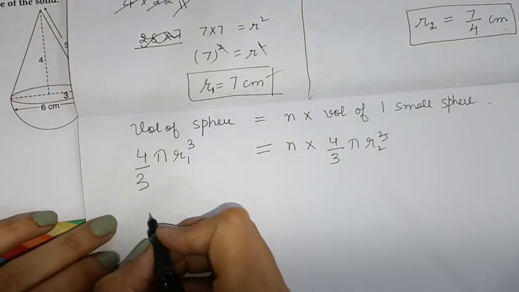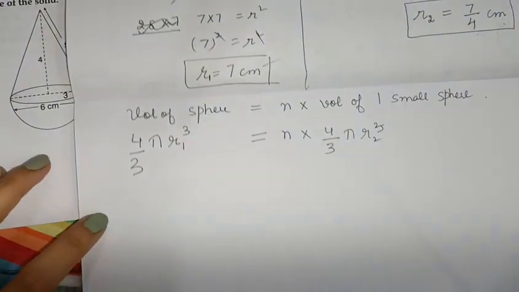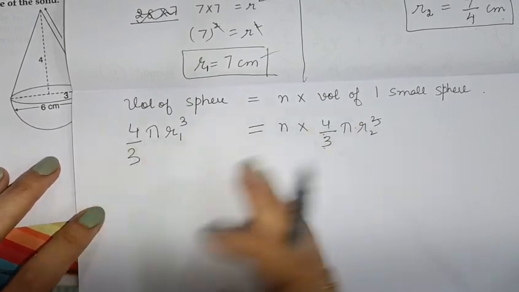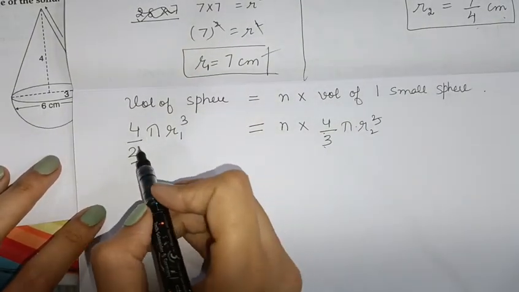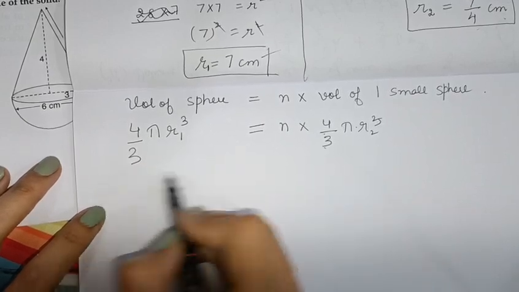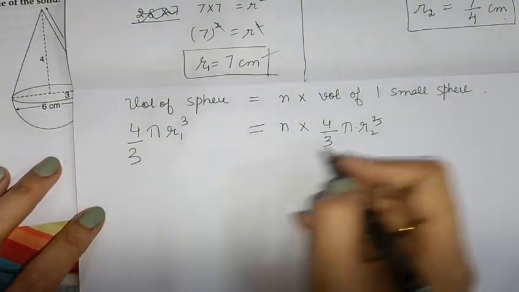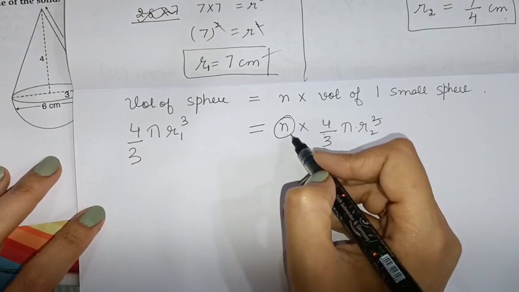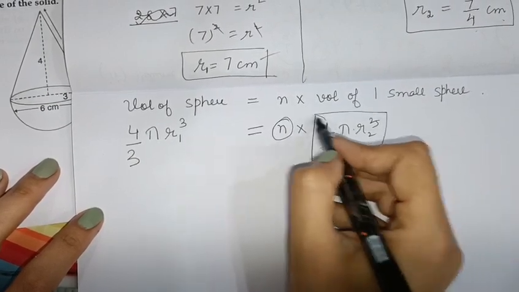So let's substitute the values. Directly also you can cancel like this. So 4 by 3 pi and 4 by 3 pi, without shifting, because it will come down only. So here n we have to find, n we will write this side, and these things we will shift to the other side.